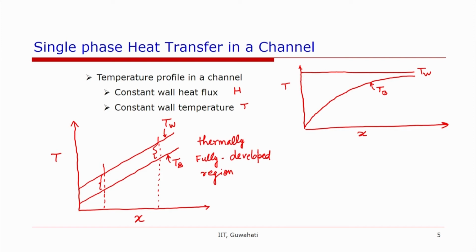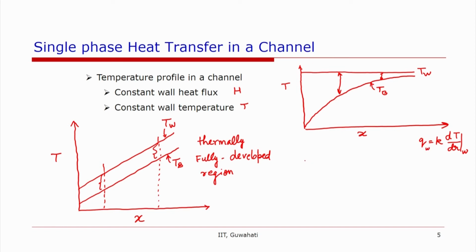So, in this case we can see the difference between the temperatures keeps decreasing as we move in the axial direction, and Q wall is equal to K dT over dr at the wall.